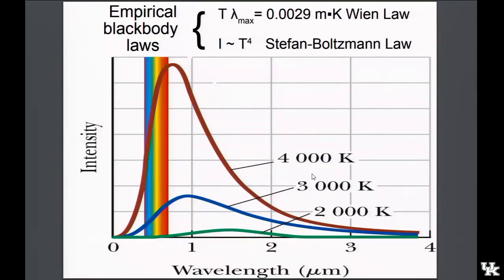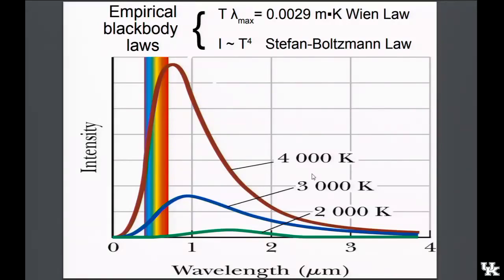And so on this plot, again, horizontally is wavelength. In this particular case, we've got wavelengths in units of micrometers. A micrometer is 1,000 nanometers. Visible light is around half a micrometer, 500 nanometers.